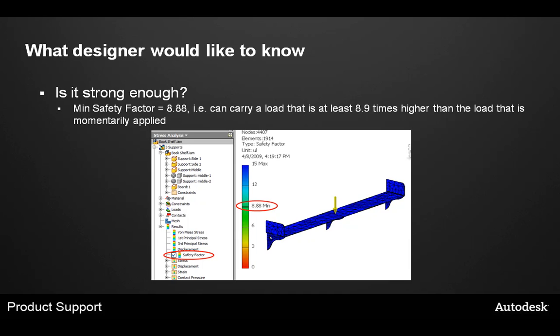So look for the word min behind the number. That gives us an idea. 8.9 safety factor, of course, is a very safe factor. Probably in industry you would more shoot for a 2 or 3 times safety factor to not over design your particular assembly.